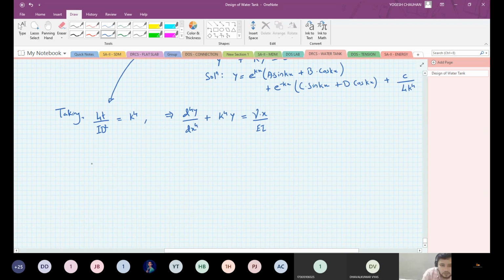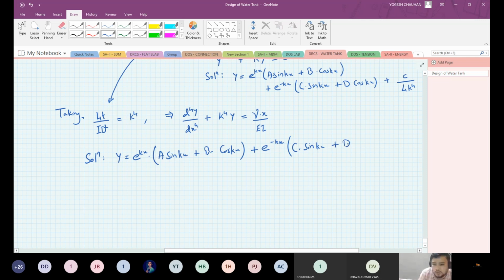So the solution for this expression is now y equals e to the power kx, where k to the power 4 is equal to 4t by I d square, we substitute that value, into a sin kx plus b cos kx, plus e to the power minus kx times c sin kx plus d cos kx, plus small c divided by 4k to the power 4.